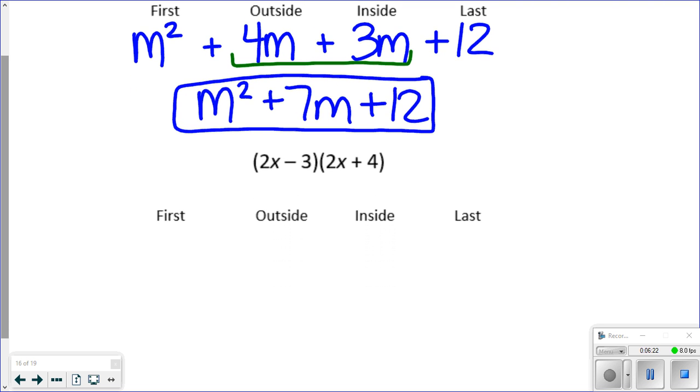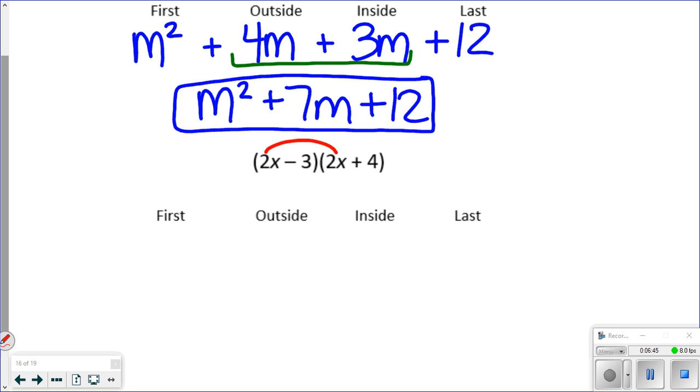Okay, I want you to try the next set of parentheses, 2x minus 3 times 2x plus 4. See what you can come up with. So we're multiplying.